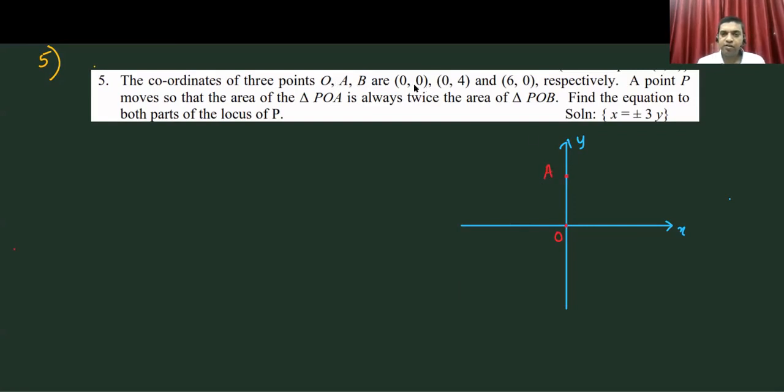O, A, B are (0, 0), (0, 4) and (6, 0) respectively. B is (6, 0), A is (0, 4). So 3 points are given. Now P is a moving point such that the area of triangle POA is twice the area of triangle POB.